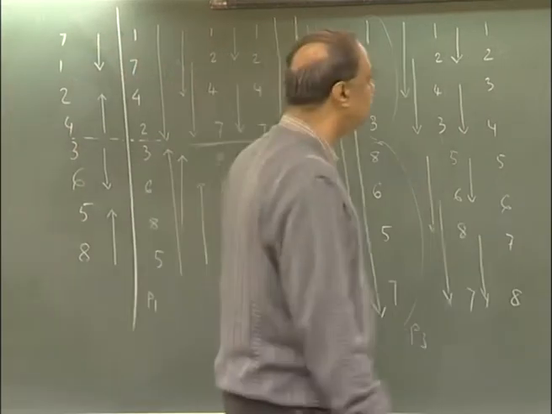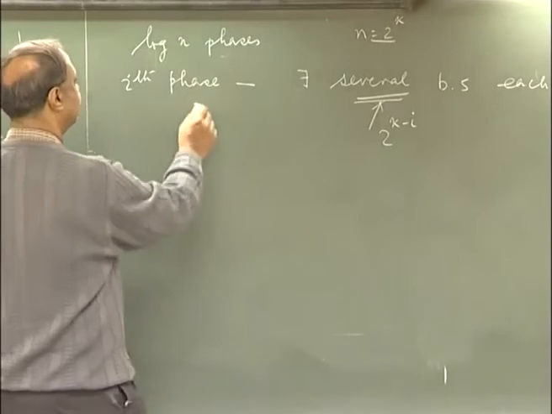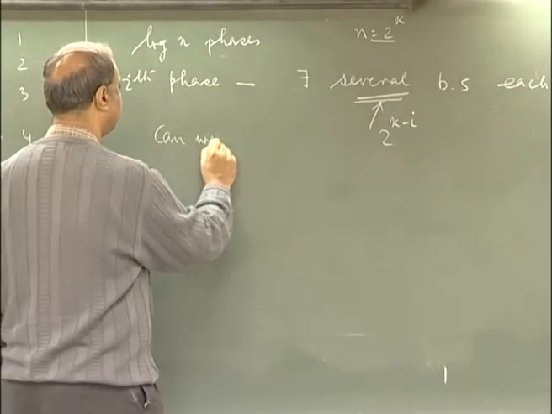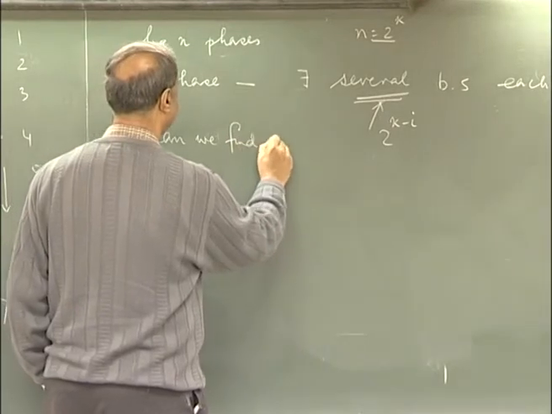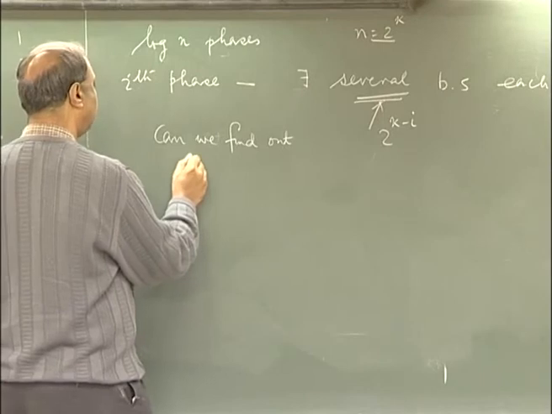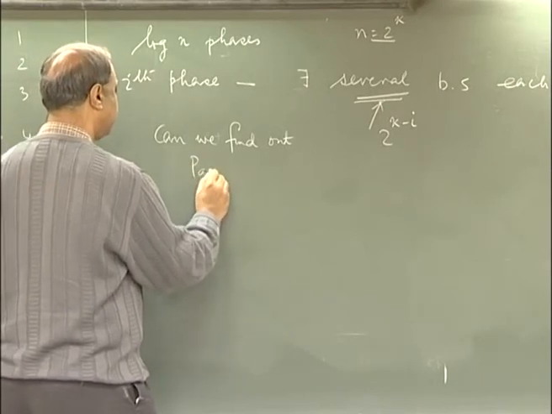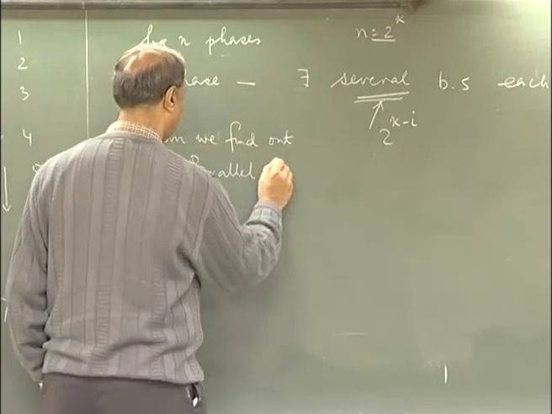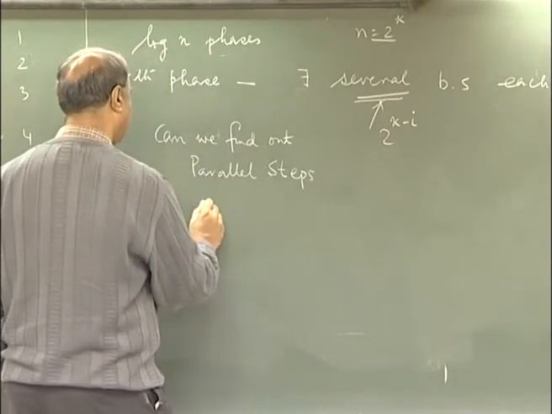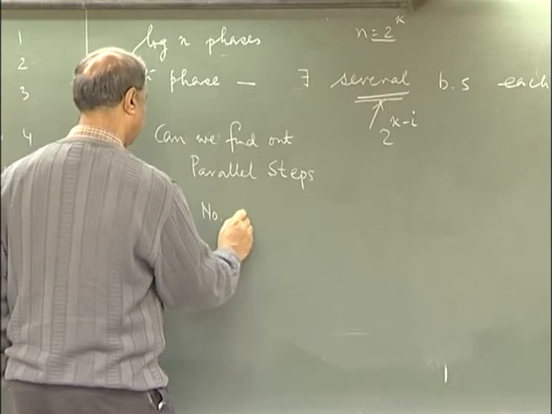Now, if it is the case, can we find out the total number of parallel steps and the number of comparators?